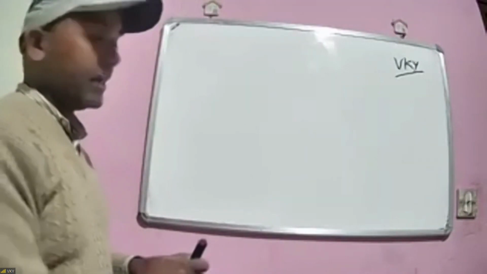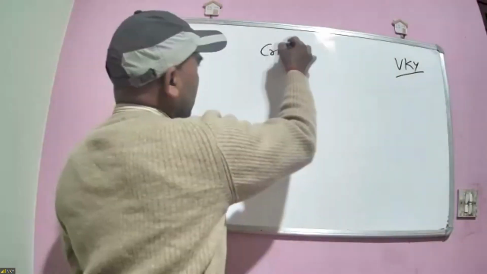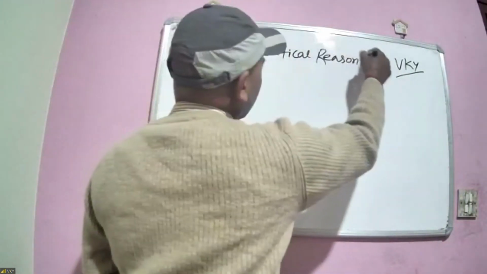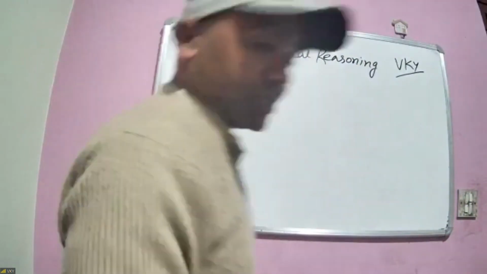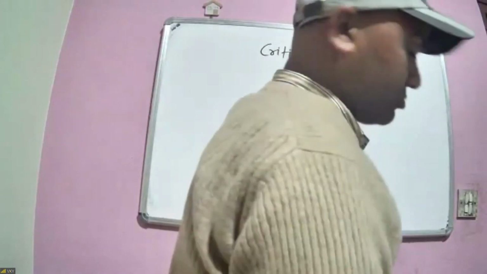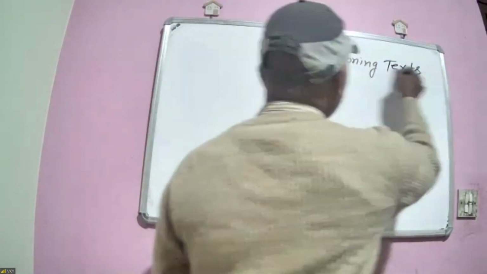So here, from my portion, the first one is critical reasoning text. That is a passage.